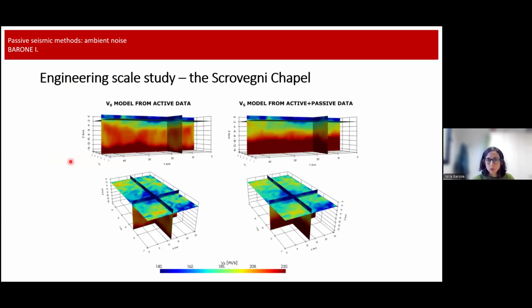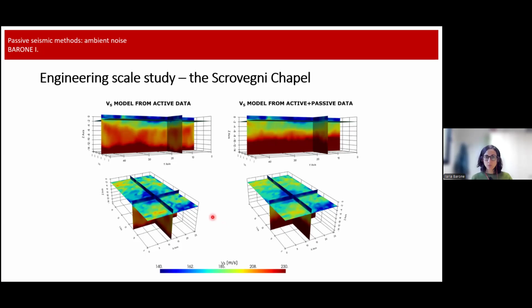So finally, what we did, we only took the result of the passive analysis for the rectangle inside the amphitheater. And this is the final 3D shear wave velocity model that we obtained, on the left side with only active data, and on the right side by including the passive data. So let's say integrating active and passive data.